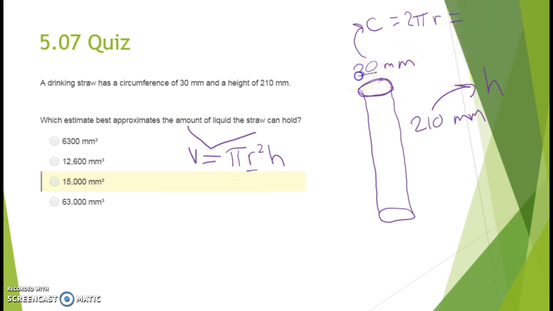So we're going to set this circumference of 30 equal to 2 pi r. It does not say to use 3.14 for pi, so we'll just divide by 2 pi on both sides. And so you'll put this in your calculator to get the radius. So take a minute to do that.